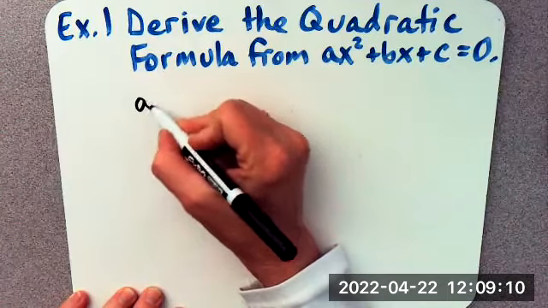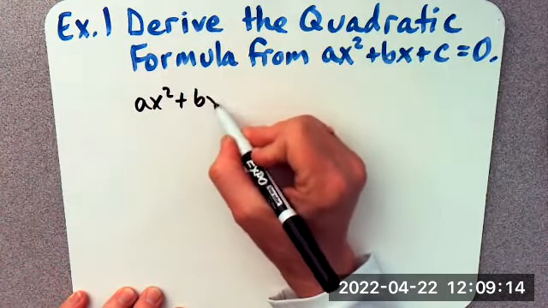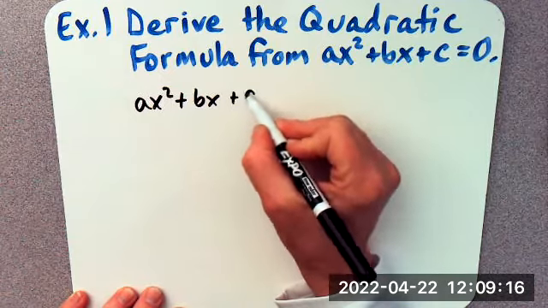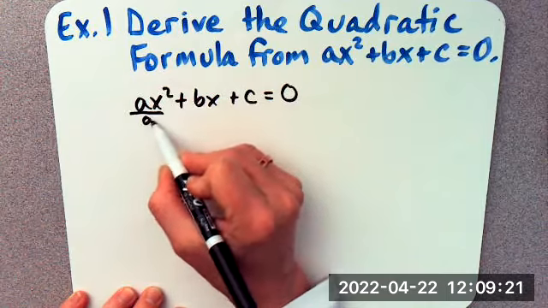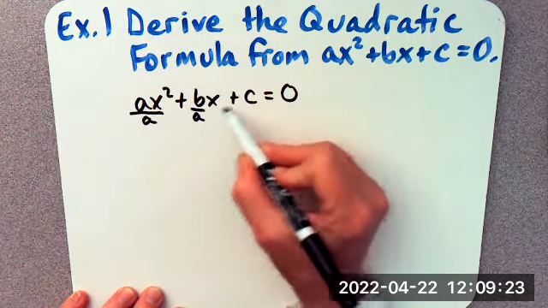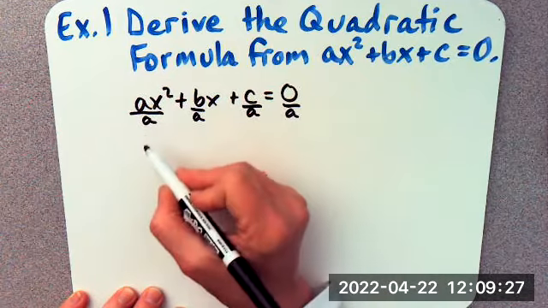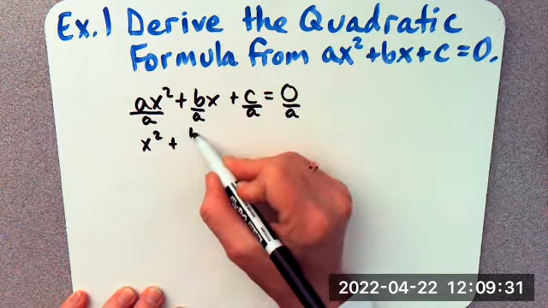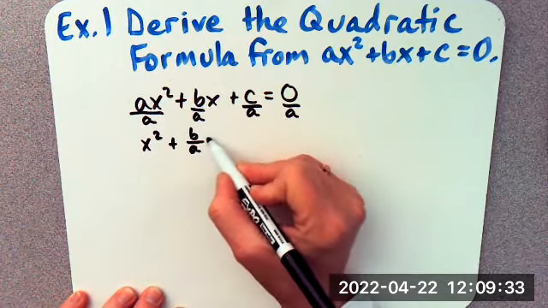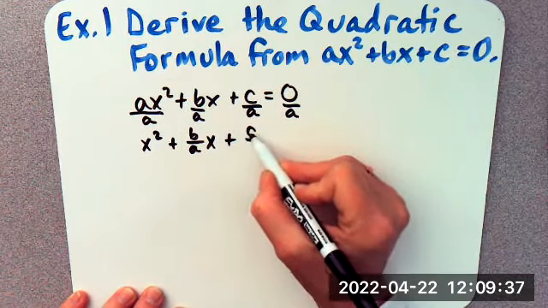So let's start with ax squared plus bx plus c equals 0. We want to divide everything by a. And that gives us x squared plus b over a x and then plus c over a.